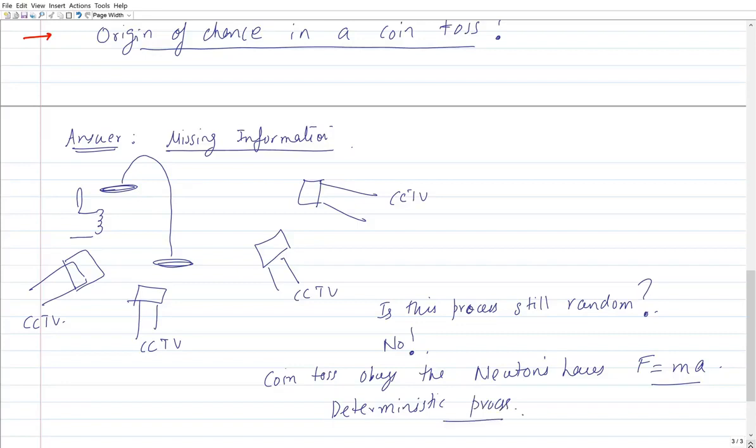Whatever was the apparent randomness of a coin toss was because of my ignorance. I didn't know the torque I applied on the coin. I didn't know the pressure exerted by the air, the velocity of the air molecules, and so on and so forth. And hence, assuming it was a fair coin, I said, okay, half the time roughly it's going to be heads, half the time it's going to be tails.